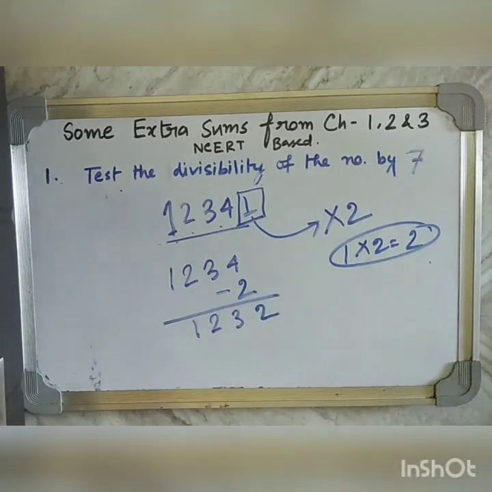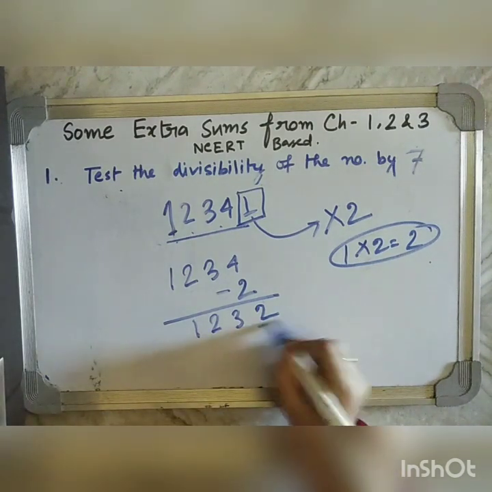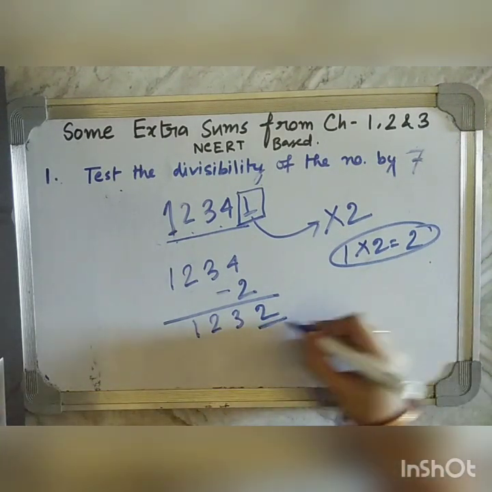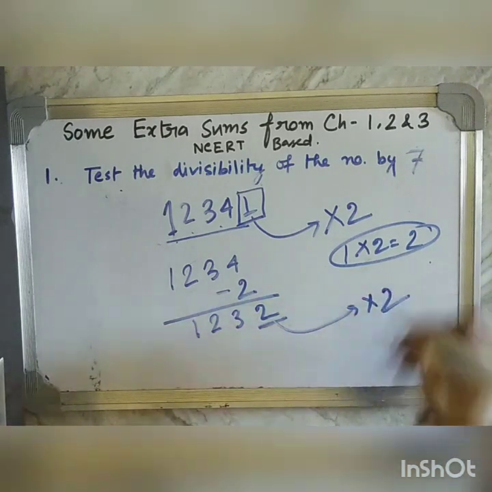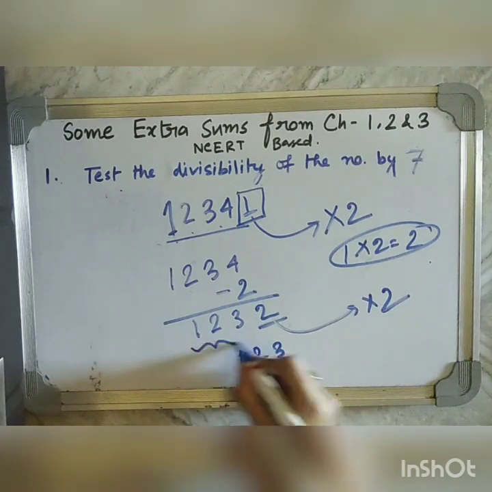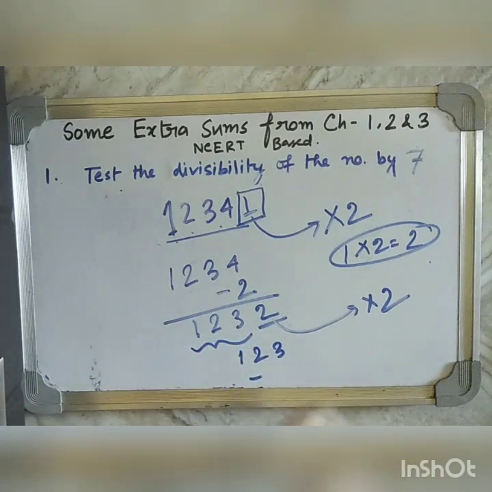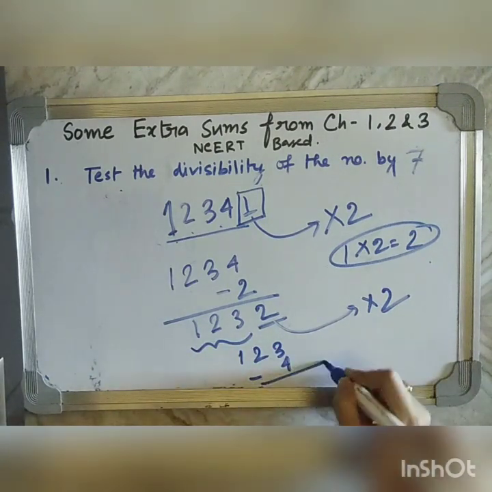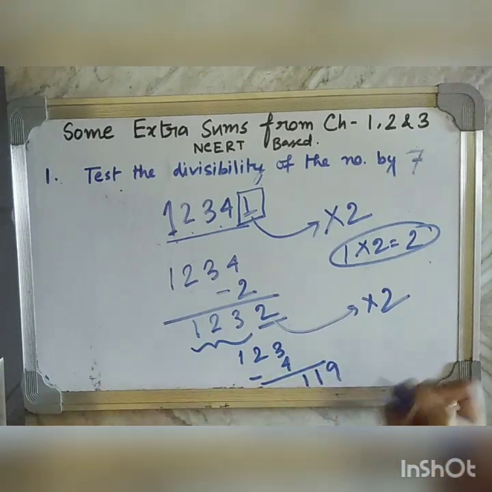That's why for our convenience, we will again apply the rule of divisibility by 7. So what was that? This unit place digit will be multiplied by 2 again, and the product will be subtracted from the remaining part of the number, that is 4 will be subtracted. So we are getting 119.